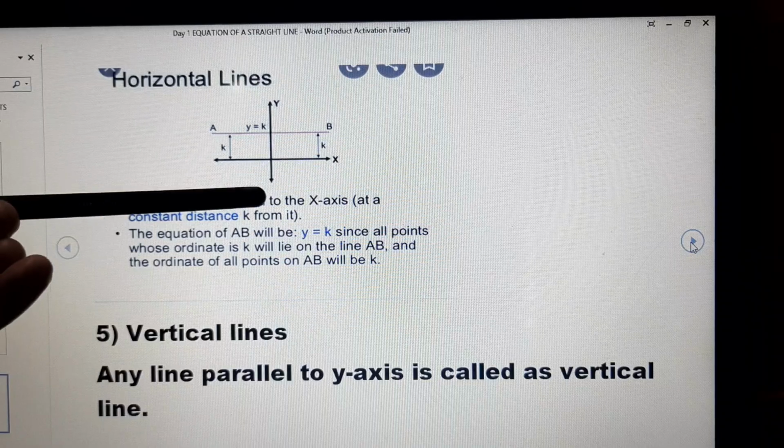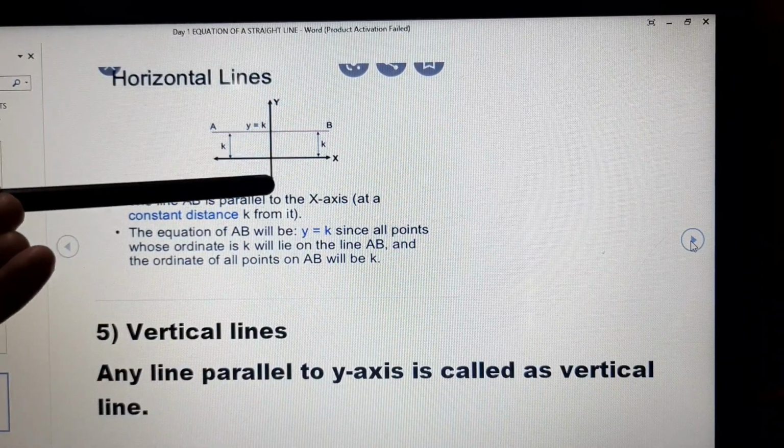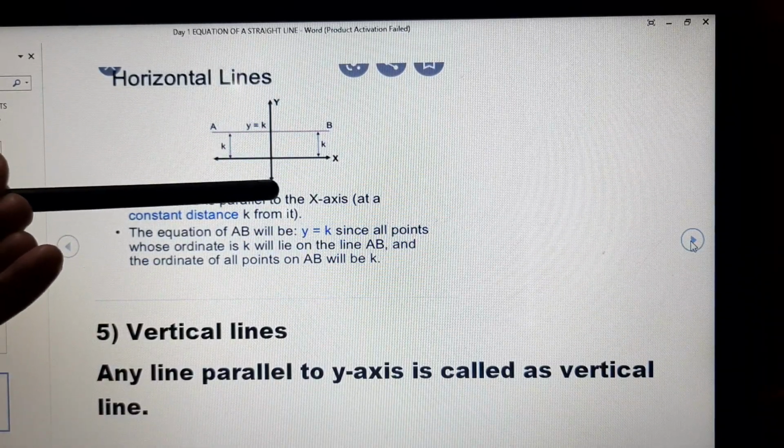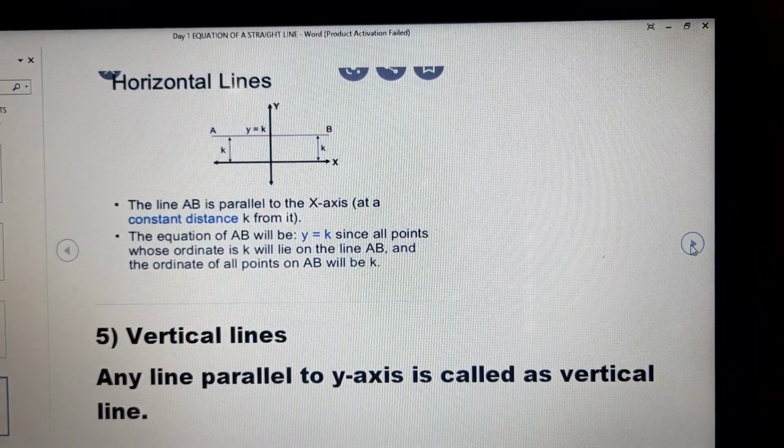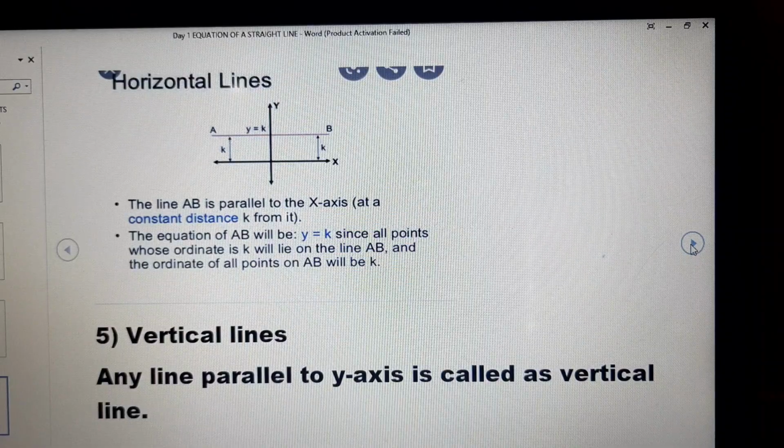And if it cuts downwards, suppose it is 2 units below the origin, then y is equal to minus 2. Clear?